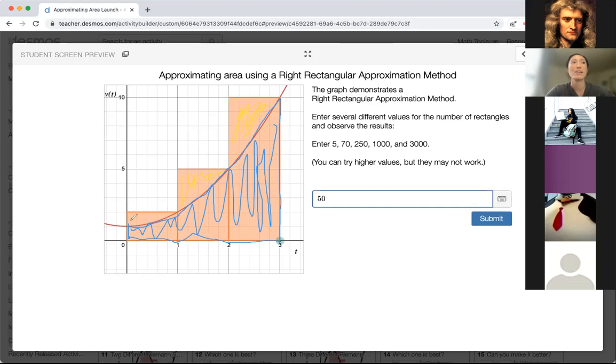We don't want that. And this is extra also. So sometimes when we use one approximation versus the other, we'll get an underestimate or an overestimate. But in both cases, the more rectangles we use, the better our approximation will be.